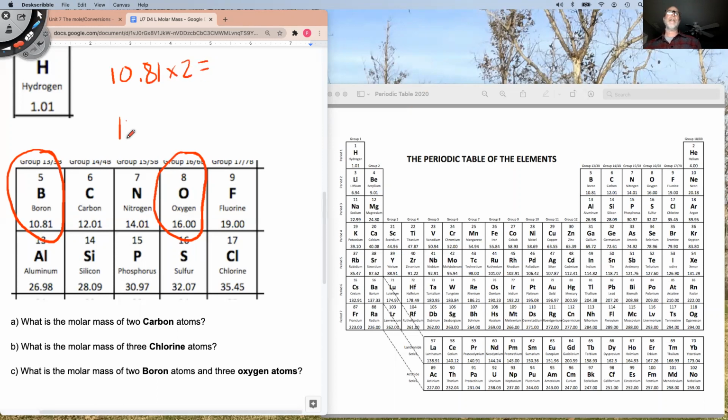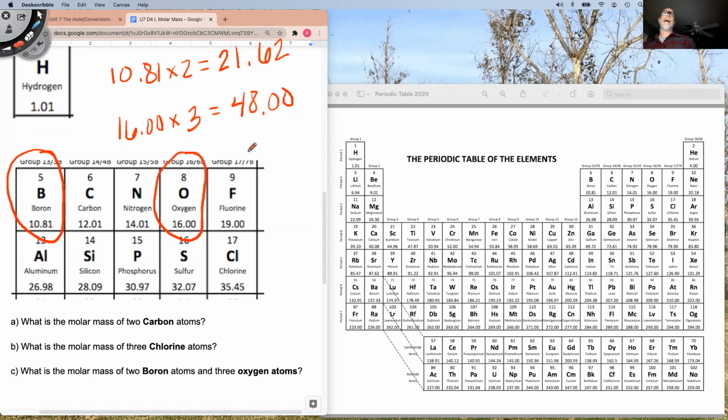And then each oxygen atom, and we have 3 of those. I can do that in my head. That one's going to be 48.00. This one is going to be 21.62. Let me just double check that math. 18, 80, and 80 is 162, correct.